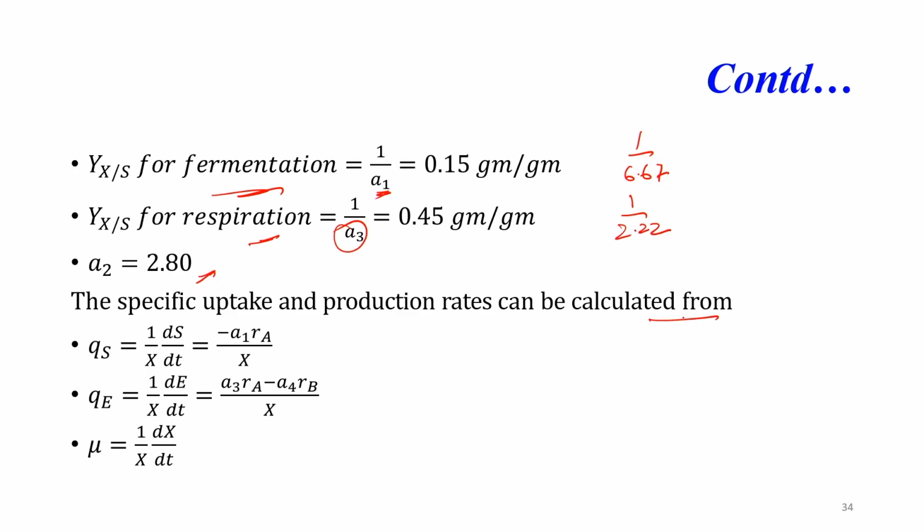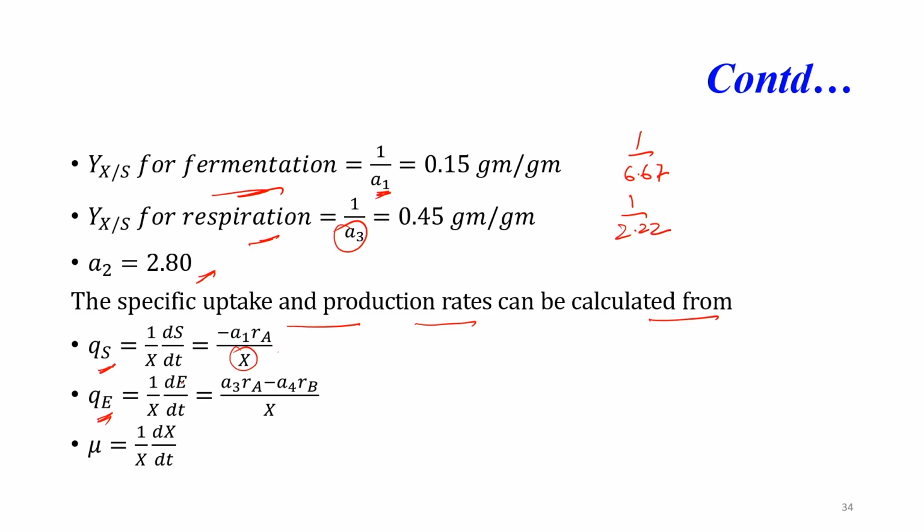Further, one can calculate the specific uptake and production rates. The Qs is defined as 1 upon x into dS upon dt. What is dS? dS was minus A1 RA divided by x. Similarly, one can calculate the specific uptake rate of ethanol.